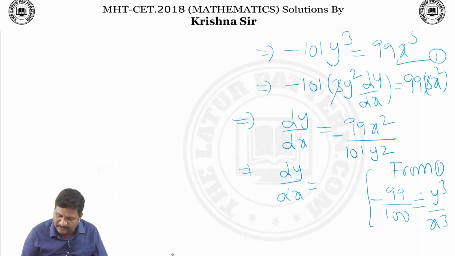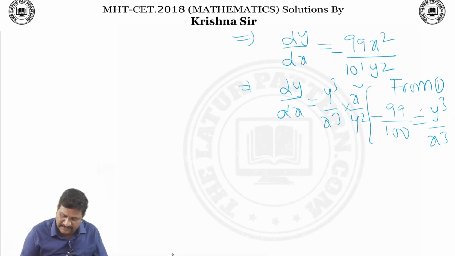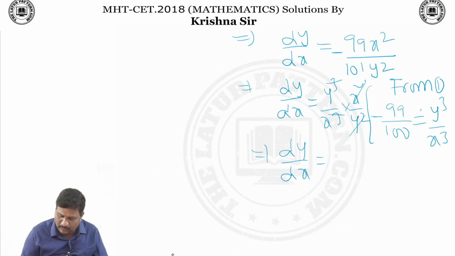Now here you substitute, then y cube upon x cube into x square upon y square. Then y square gets cancelled, x square gets cancelled. Therefore dy by dx is equal to y upon x.